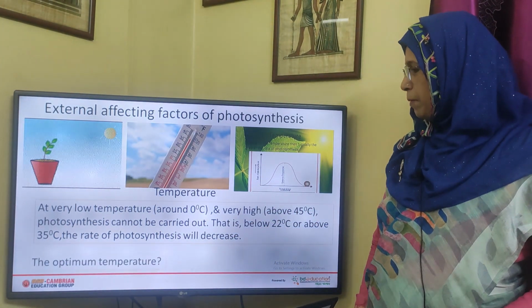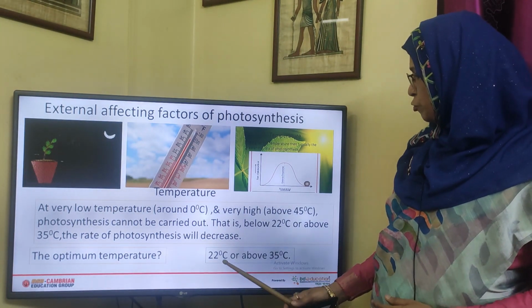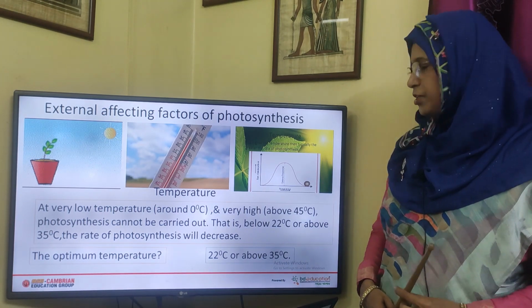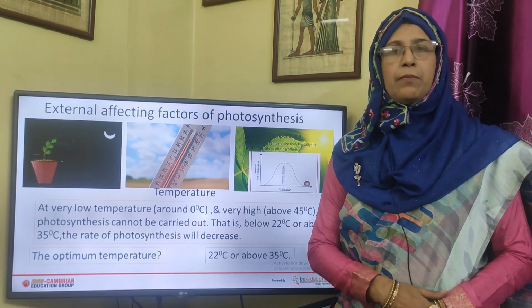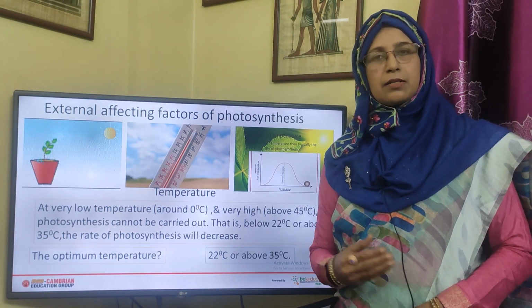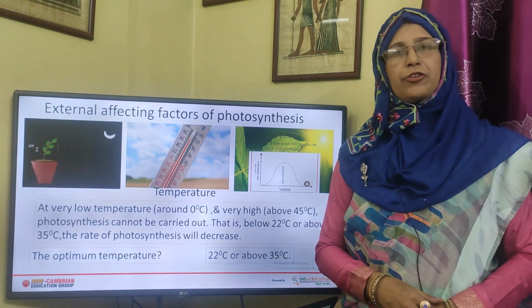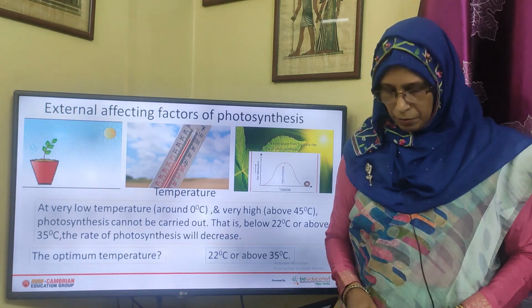So what is the optimum temperature for photosynthesis? 22 to 35 degrees centigrade. This is the optimum temperature. Dear learners, this point is very important for your MCQ. Okay, so mark it in your book.